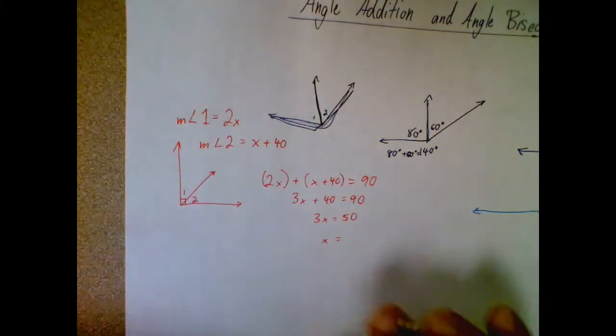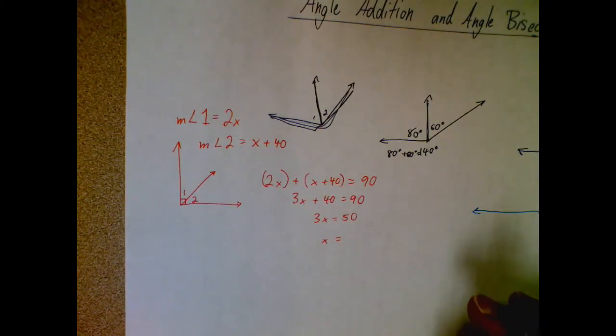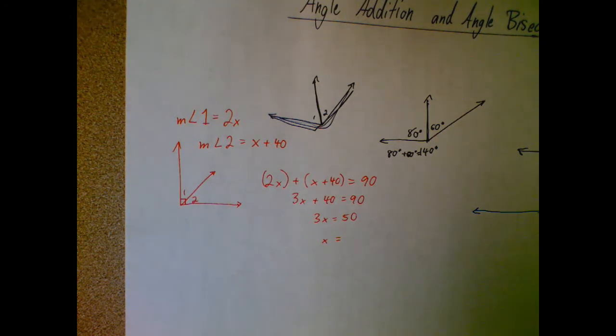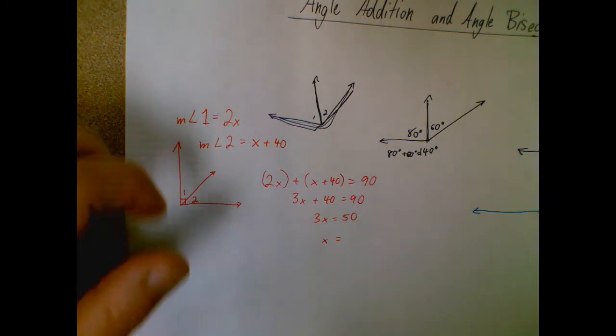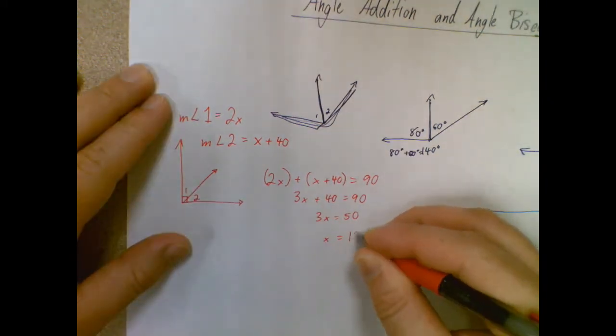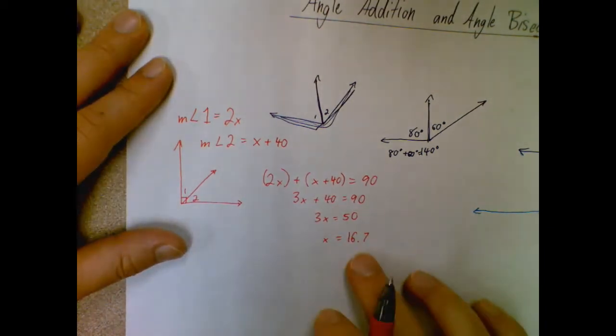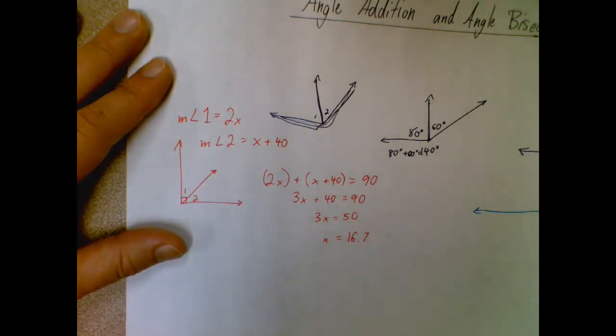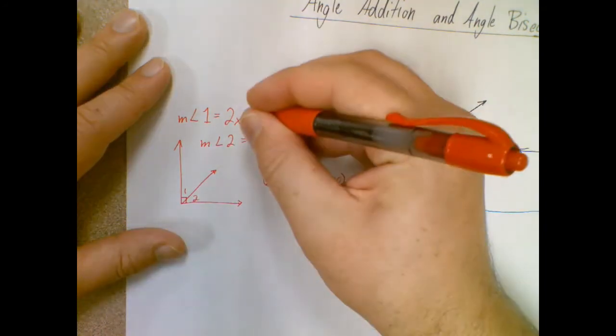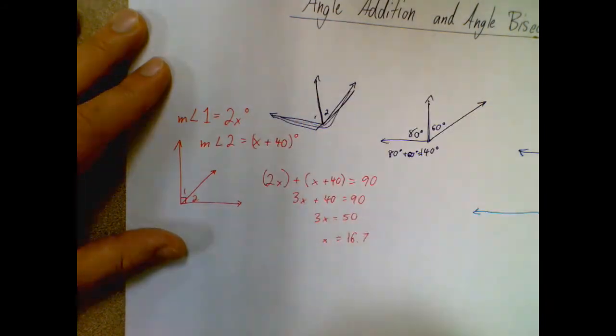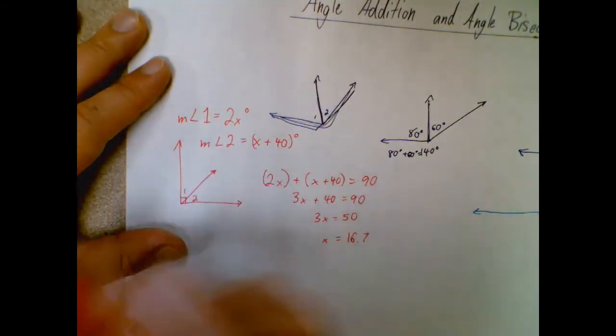We're going to have to round that, and that's okay. 50 divided by 3 is about 16.7. Notice I'm not directly putting degrees on this number. It's a little finicky when you do that. If I'm being super technical, the degrees belong up here on the measures.